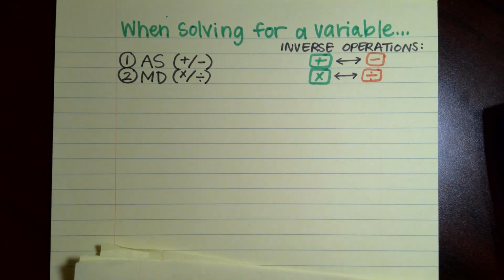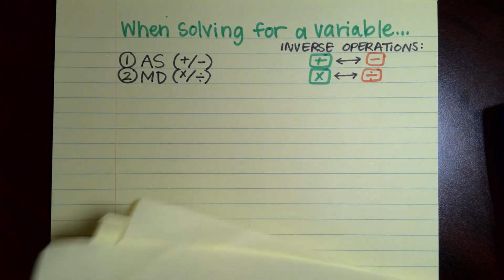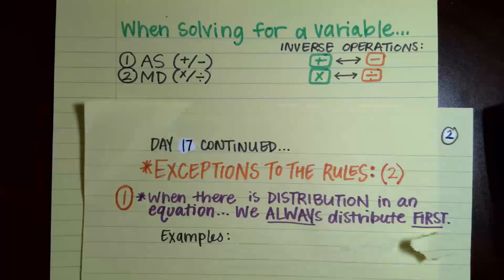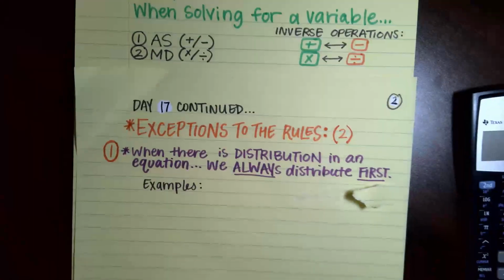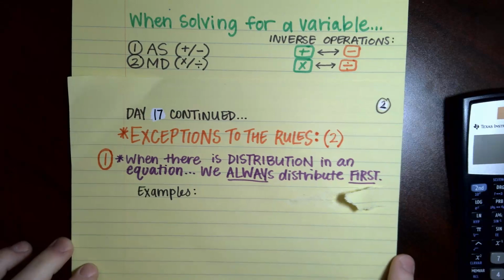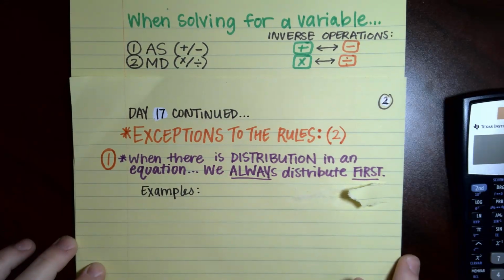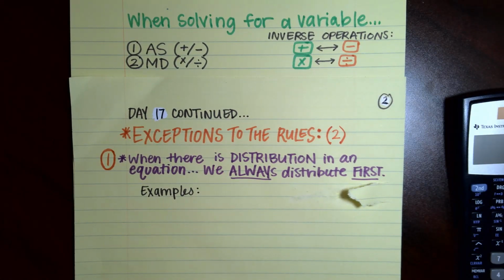Oh my goodness, I just ripped my paper. Okay, so one of the first exceptions that we're going to see is whenever there is distribution in an equation. And I'm going to show you an example of that.